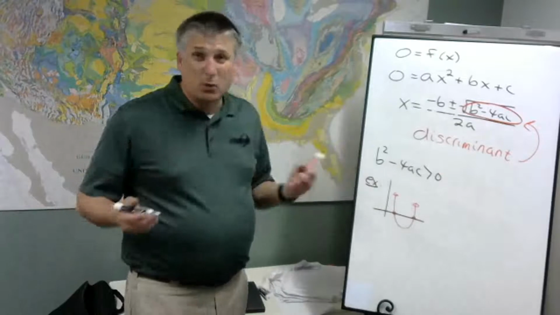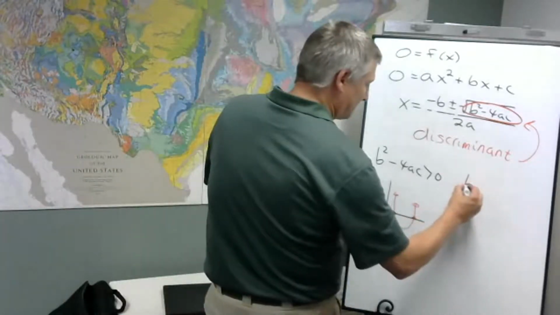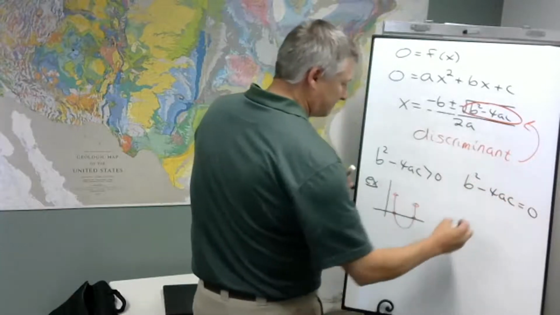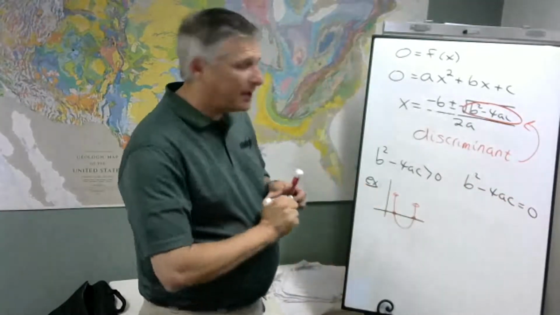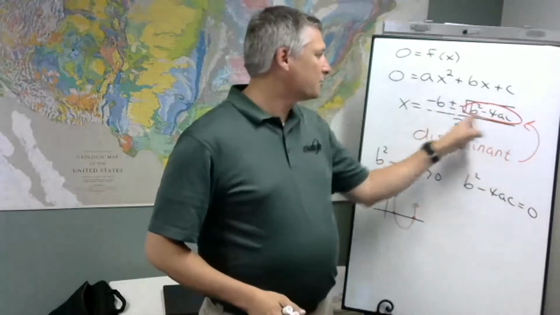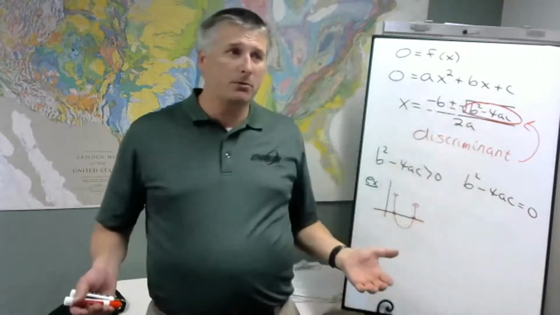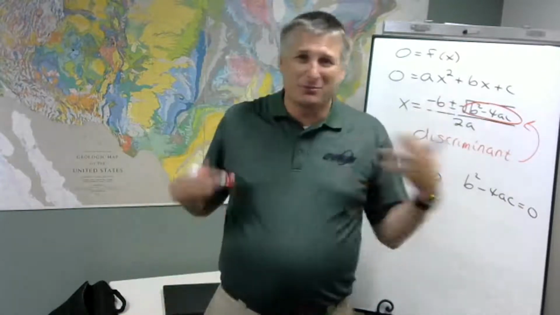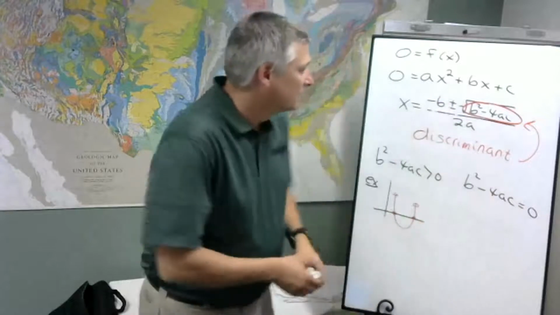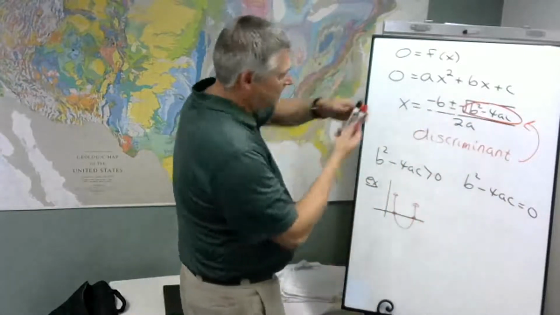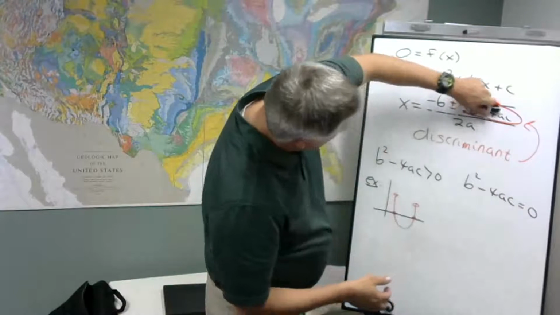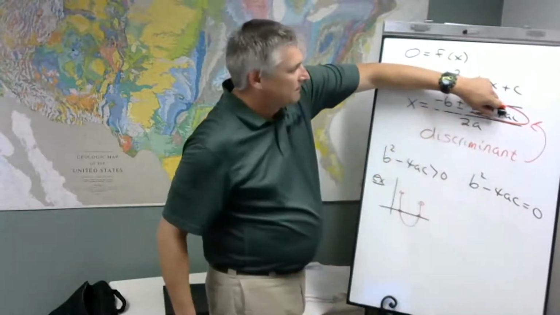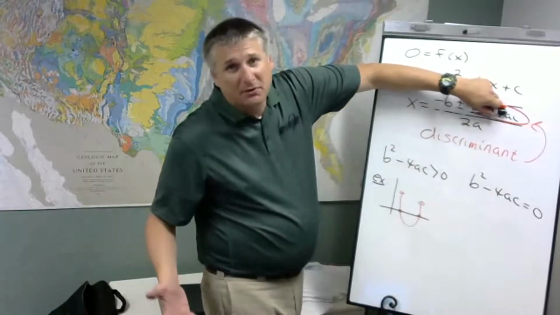Now let's say it's actually equal to 0. What happens there? Well, in this case, this entire square root becomes 0. The square root of 0 is 0. So plus or minus 0, you're adding or subtracting nothing. There's nothing there. So this effectively just goes away. You just have negative b over 2a. And that's the x-coordinate for your x-intercept.